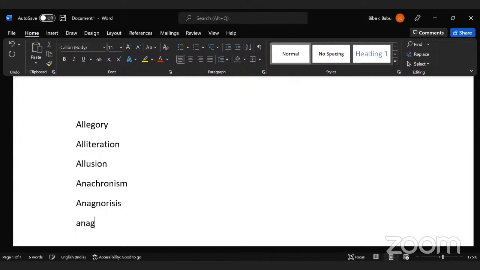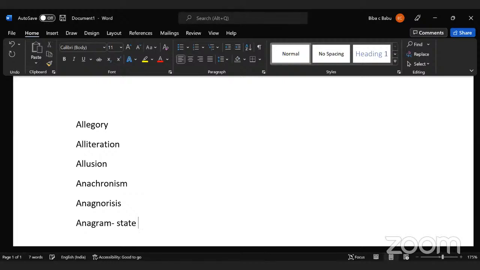Next is anagram. Anagram is a form of word play. We have a word, and the letters of the word can be rearranged to make a new word. For example, state. State is a word.